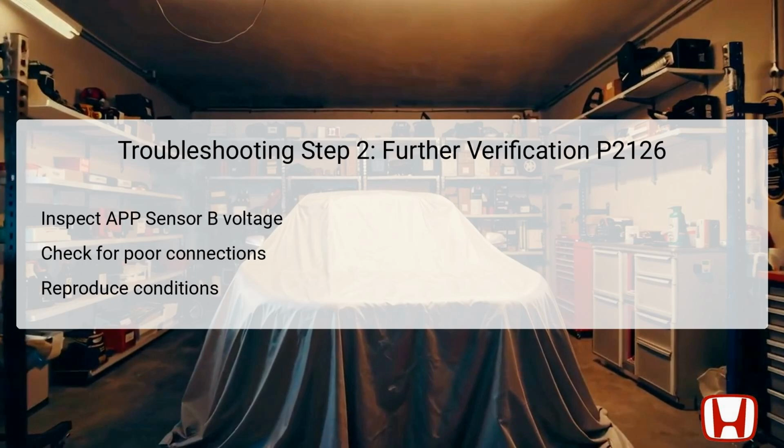However, if the reading indicates normal operation, it could signify an intermittent fault, potentially linked to poor connections or loose terminals. In such cases, inspect the connectors at the APP sensor and the PCM for any signs of damage or looseness. It is beneficial to replicate the conditions in which the DTC was recorded to verify if the issue reoccurs.